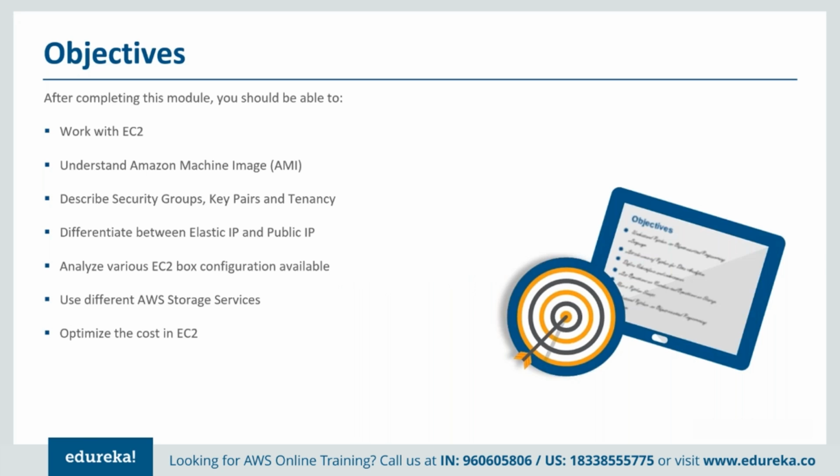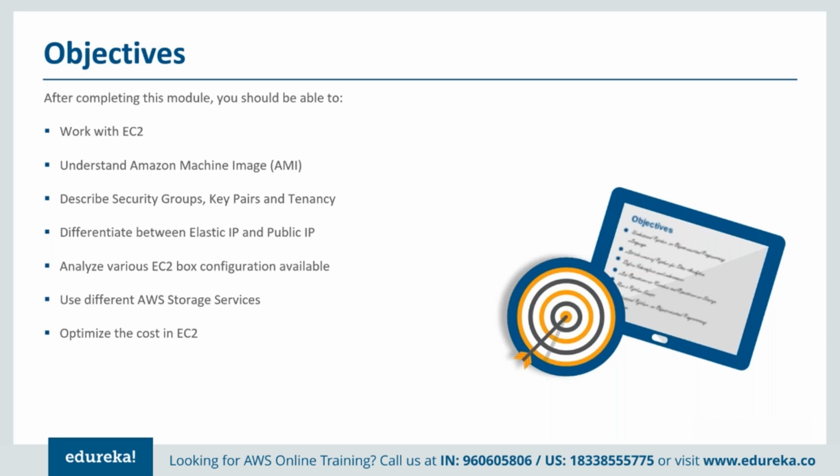The main agenda for this entire session will be discussing what exactly EC2 is, how it is structured, and how we can get started on using EC2 as one of the main services offered by AWS as a part of Elastic Cloud Compute.